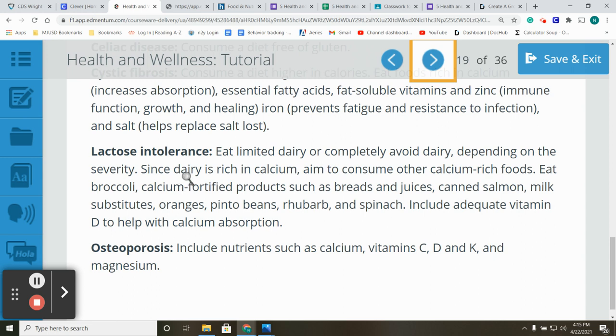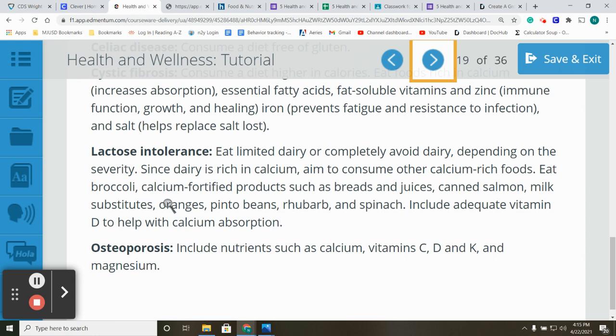Lactose intolerance: eat limited dairy or completely avoid dairy, depending on the severity. Since dairy is rich in calcium, aim to consume other calcium-rich foods.